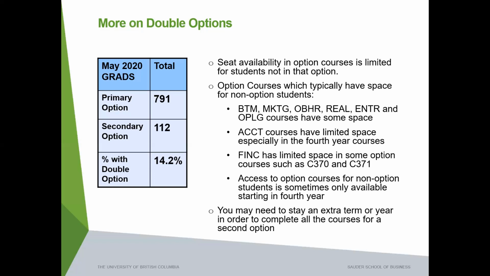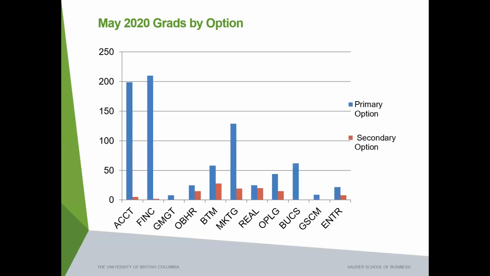It's anywhere between 11 to 14% that actually do complete a second option. And just to give you an idea, of those 791 grads, just over 200 of them graduated with finance as the primary option. The next biggest group was accounting, then marketing, and then the rest are spread across all the other options here.